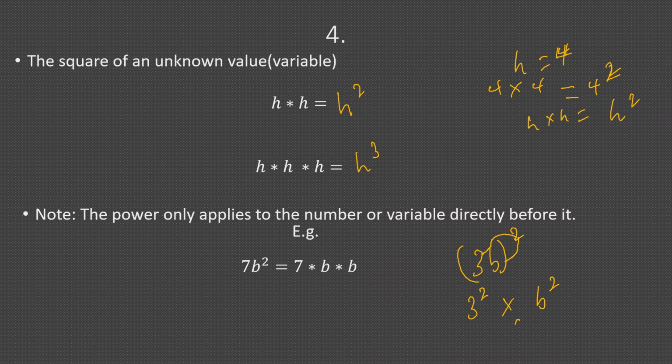So now we turn it into 9b squared, because 3 squared is equal to 9. But just to note, this is only when they are both in brackets and you can see the power affecting them. If it's maybe like 3b squared and there are no brackets, but it's only b that's being affected, then it's only accountable for b. So then it will be 3 times b times b. There will be no increment in the 3.